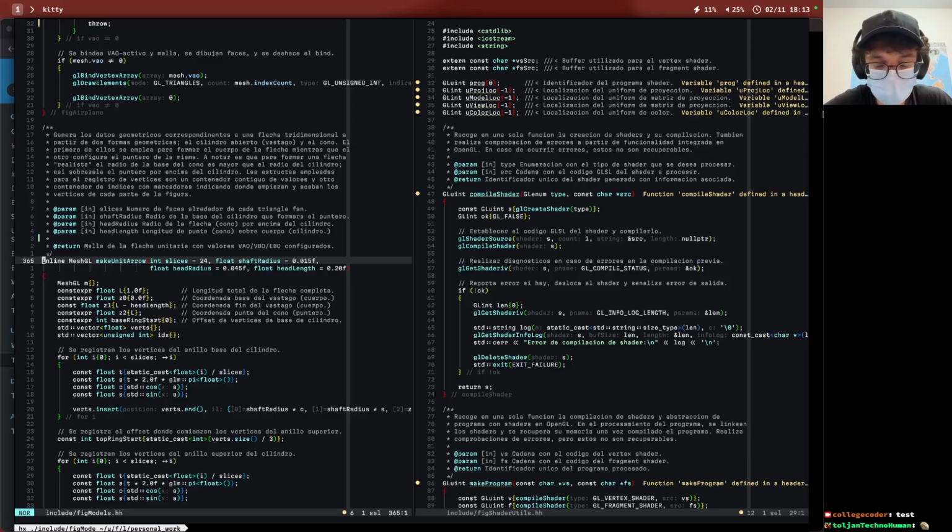Basically, it's the same as using a prism, but with a high precision for the base, so that it looks like a little nice circle, and with a single vertex as the top vertex, so you end up with a cone basically. And then you increase the resolution of the slices on the base so that it looks more of a circle and less of a pyramid.